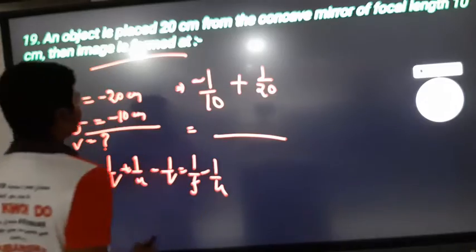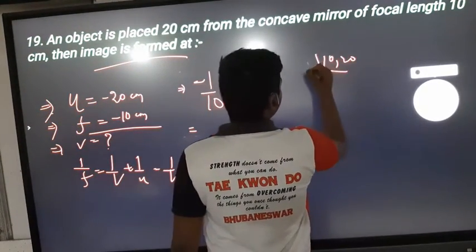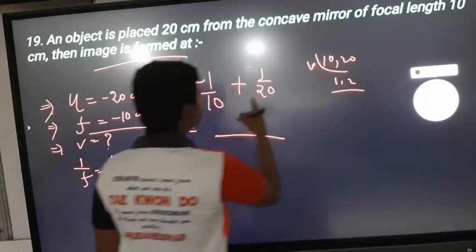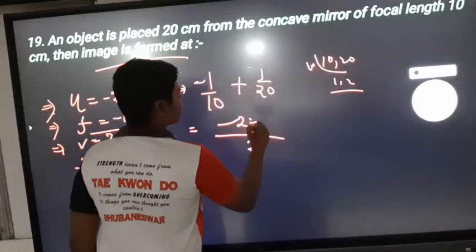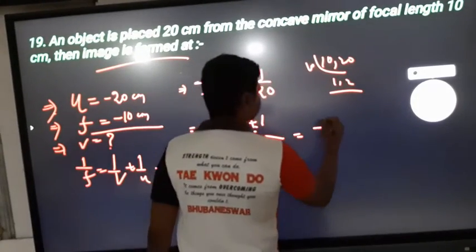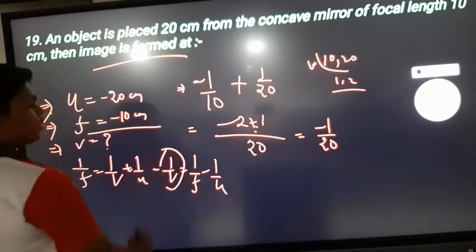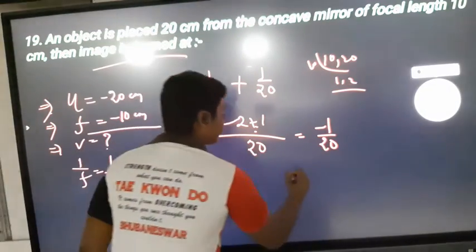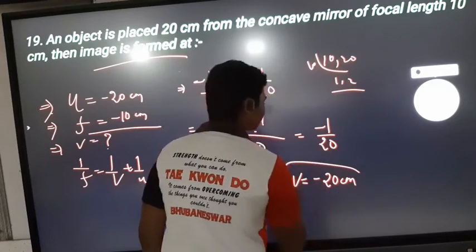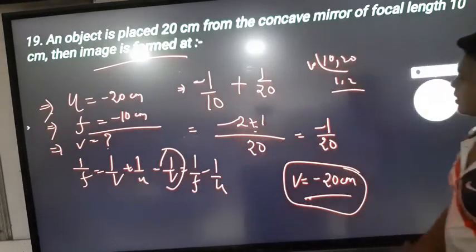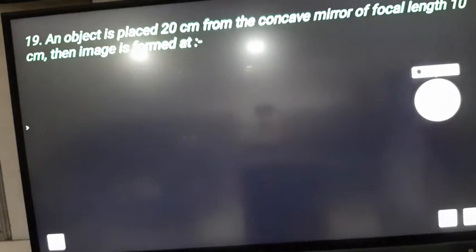Taking the LCM of 20 and 10, which is 20, it becomes minus 2 plus 1, which is minus 1 by 20. So 1 by v equals minus 1 by 20, and v equals minus 20 cm. We have got the answer that the image distance is 20 cm. Let us see the next question.